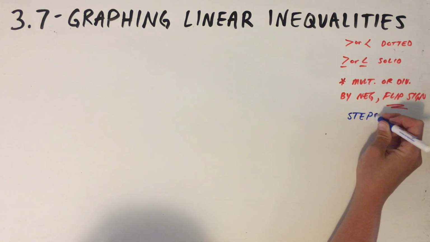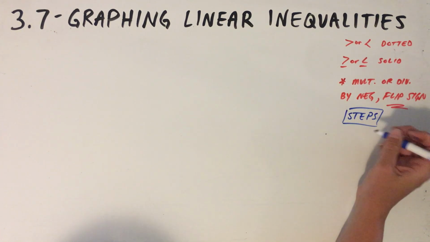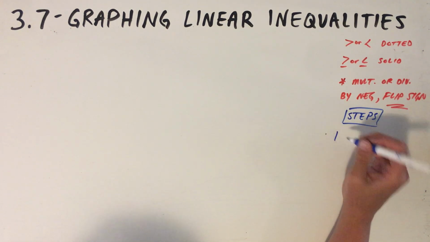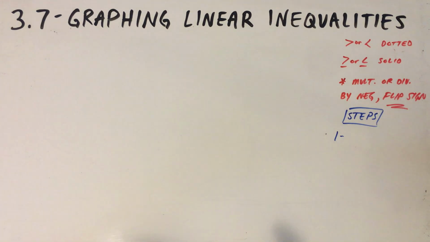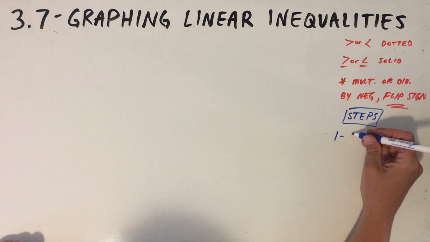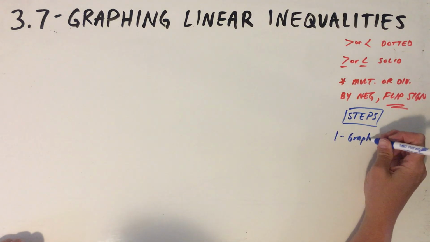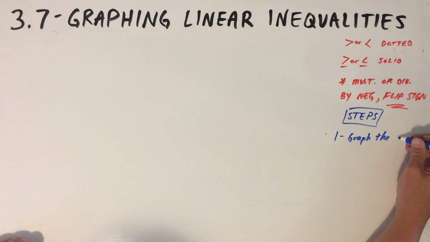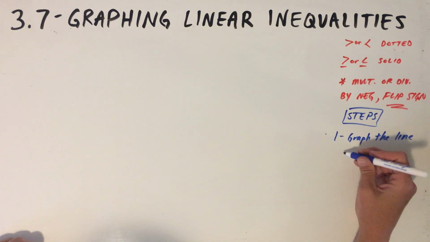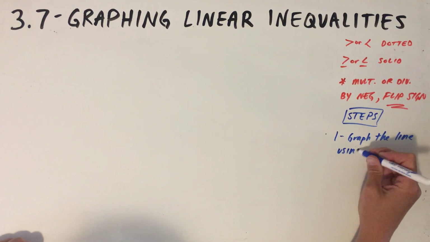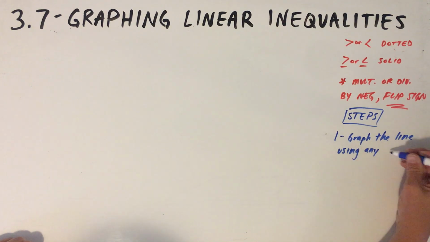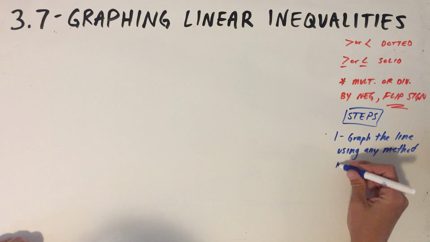Well, if I'm going to graph a linear inequality, my first step is just to put the line in the xy coordinate system. So I'm going to graph the line portion using any method I want. What does that mean, using any method? Well, if it's easier for me, I can point plot.